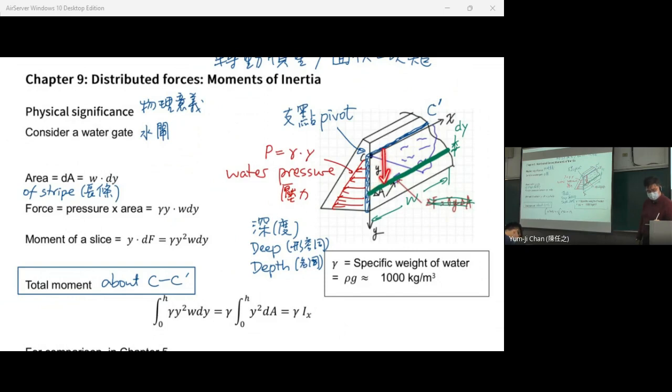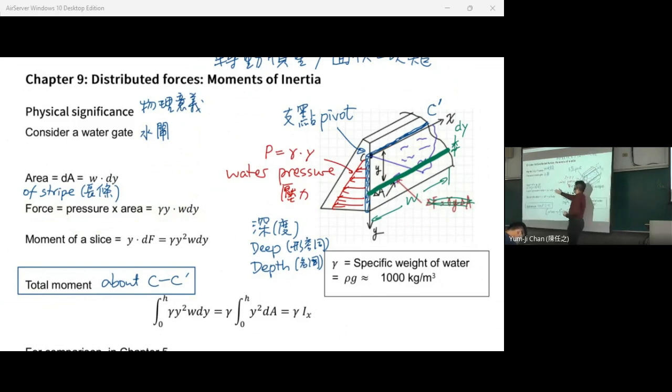Y is this one. So the force on this area is gamma y times W dy.